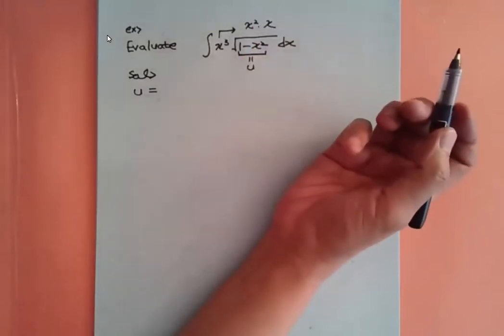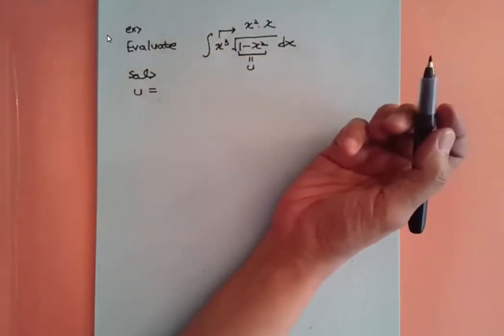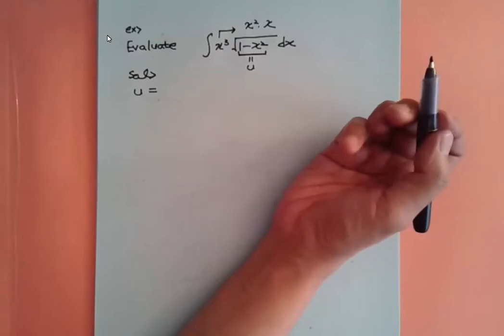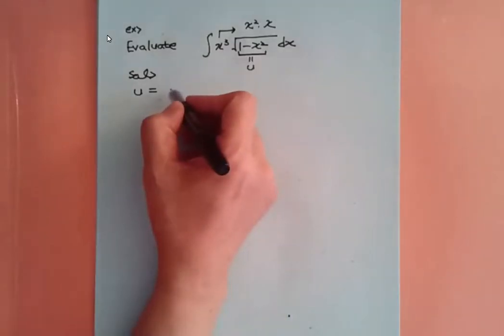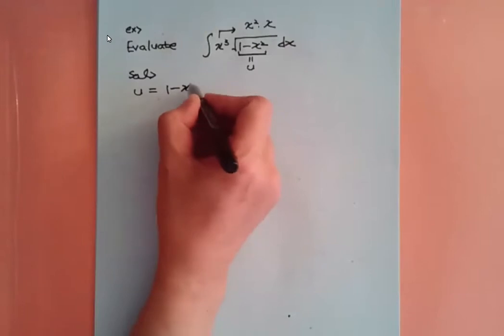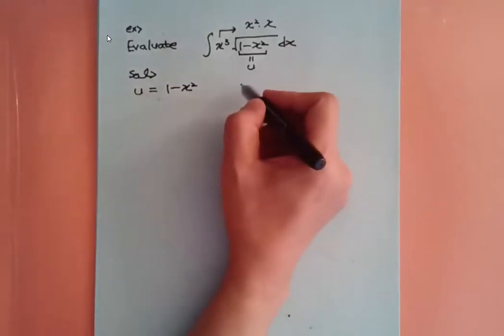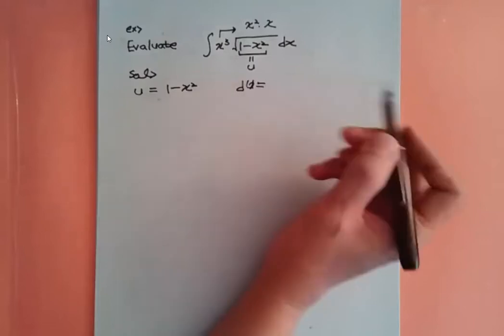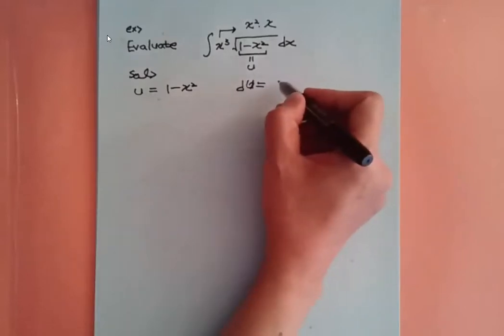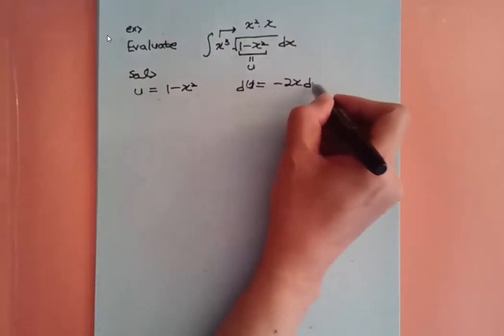And then you will start to see that we can do something with that. So let's put u equals 1 minus x squared. Then what I get is du equals minus 2x dx.